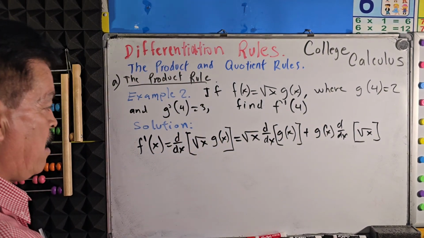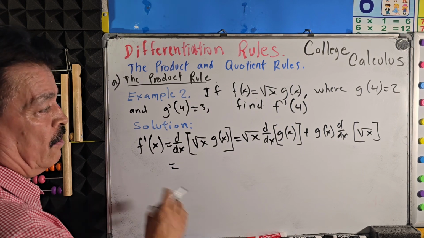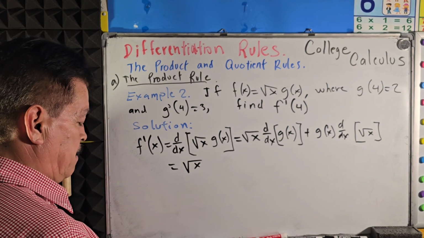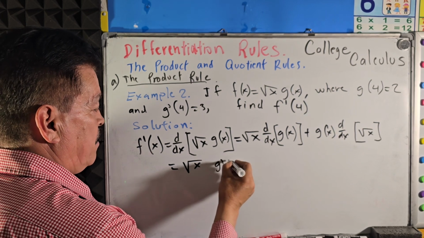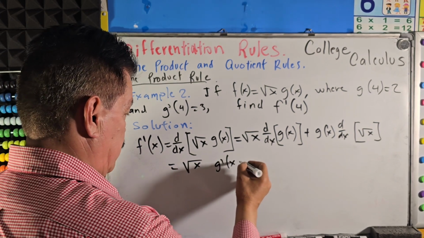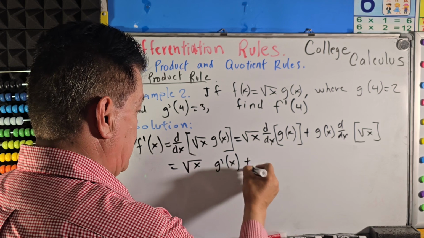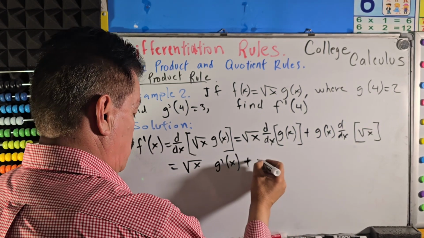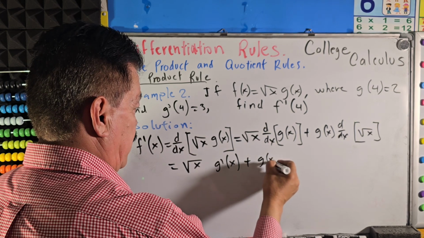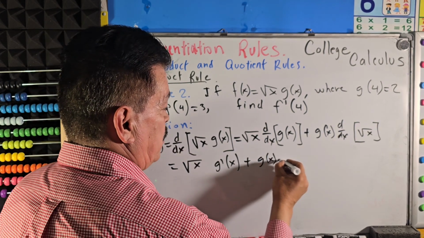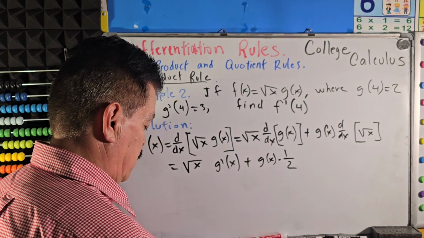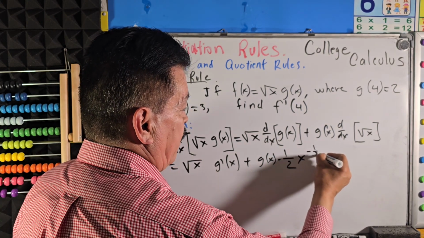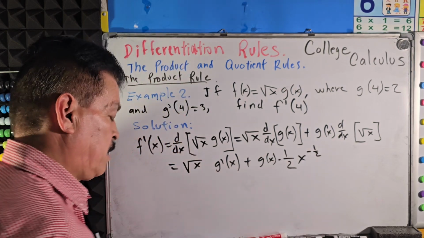Now you simplify all this. We will have square root of x times g prime of x plus this second section, g of x times 1/2 times x to the negative 1/2 power.